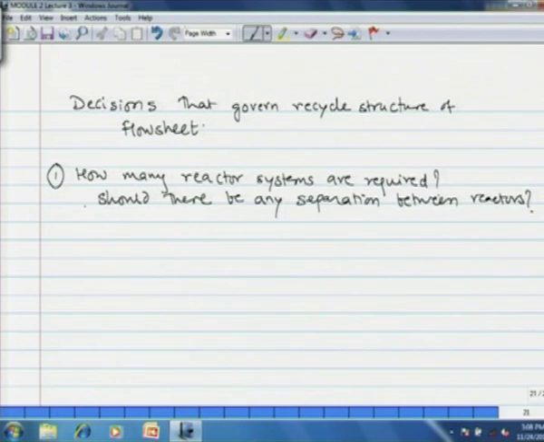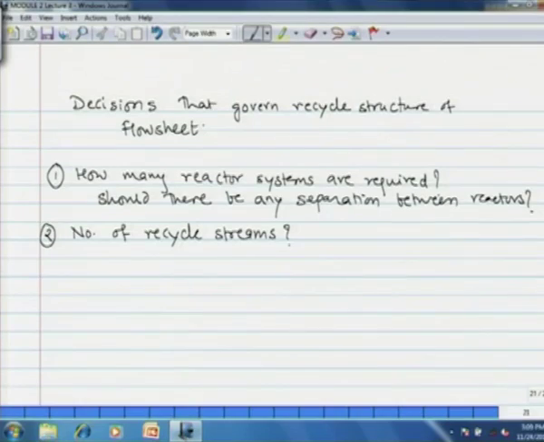The next decision is the number of recycle streams. How many recycle streams are required? We had dealt with such a decision before in the case of input-output structure, where we determined the number of product streams, and then we said that if the phase of the component and the destination of the component are the same, then these components could be sent through the same stream.